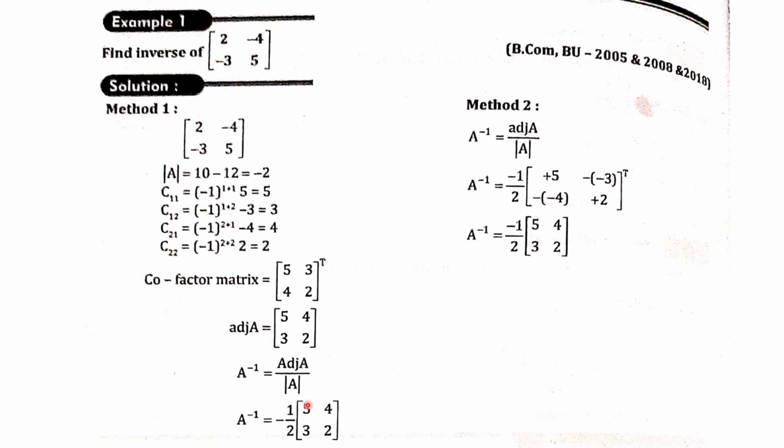So A inverse is equal to minus 1 by 2 into 5, 4, 3, 2, or you can also write 5, 4, 3, 2 the whole divided by minus 2. In a very simple way, if there is nothing in the numerator, it is called 1. So minus 1 by 2 into 5, 4, 3 and 2. This is how you will find the inverse value of A.